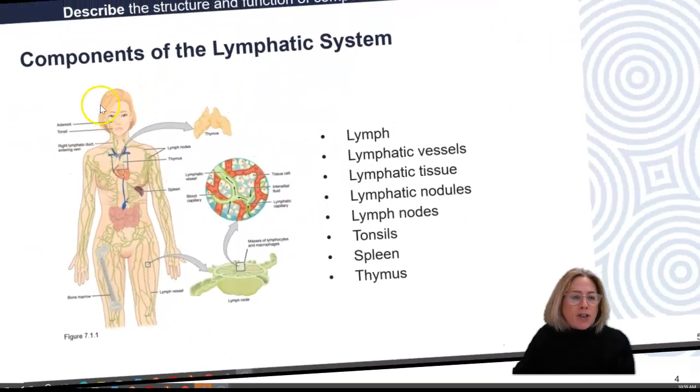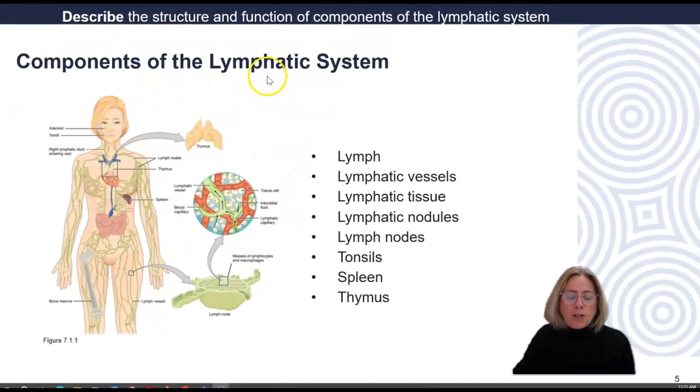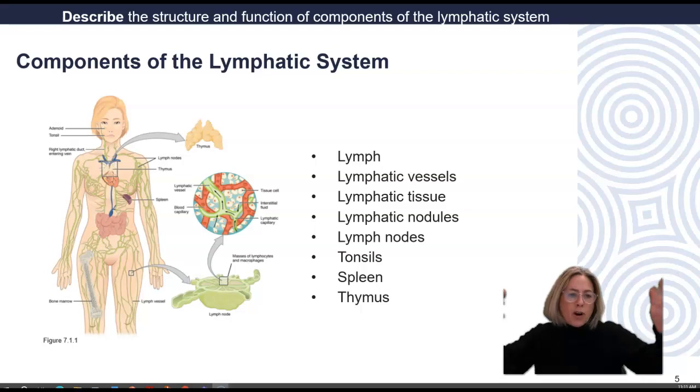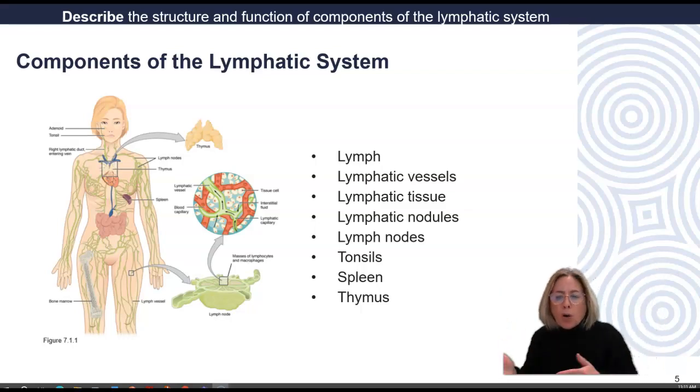So this slide here is just giving us an overview of the components of the lymphatic system. Important to note, everybody, that when you're looking at a figure of the lymphatic system in a textbook, it's always denoted in green. If you look at this pattern of lymphatic vessels and nodes and all of that, they sort of follow the arteries and veins of the circulatory system.